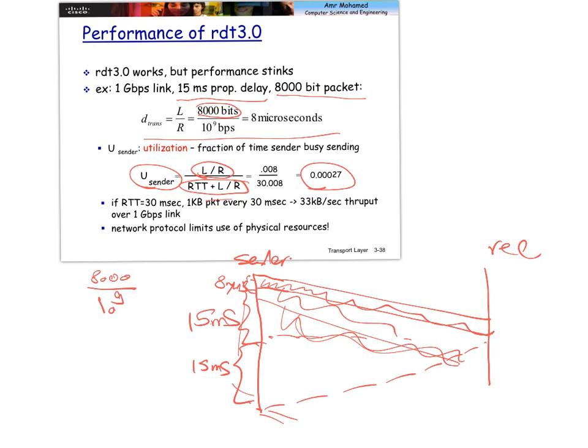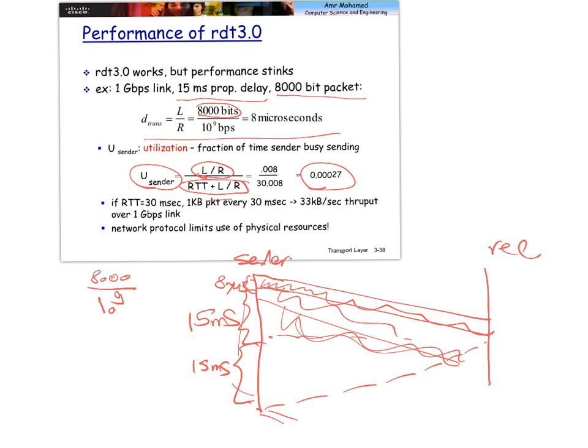Okay? After only 15 milliseconds, how did it come twice? Only one propagation delay, yes, because between the sender and the receiver there could be many routers, right? So these routers introduce some delays to the packet.